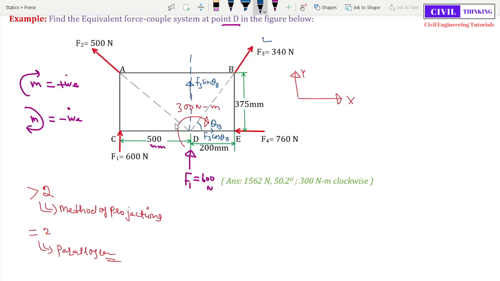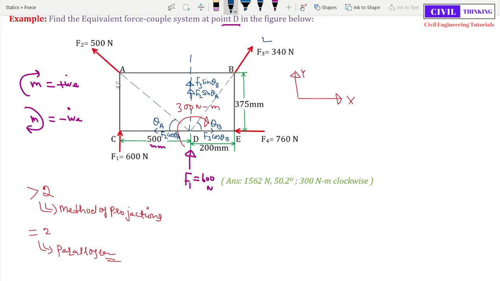Let us say it is making an angle theta a. The x component of this force is going to be F2 cos theta a, and the y component will be in the up direction. It is F2 sine theta a, right?